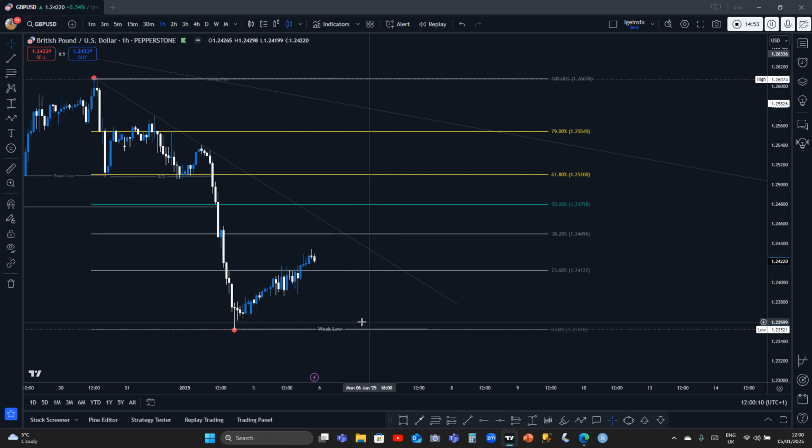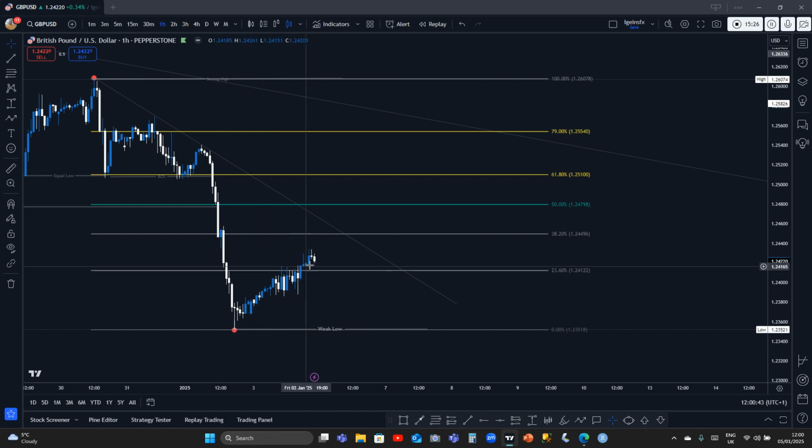If price gets to this point and finds support, because you can see it got to 23.6, it created a little consolidation, then it broke it. So at this point, price is reacting to this level.